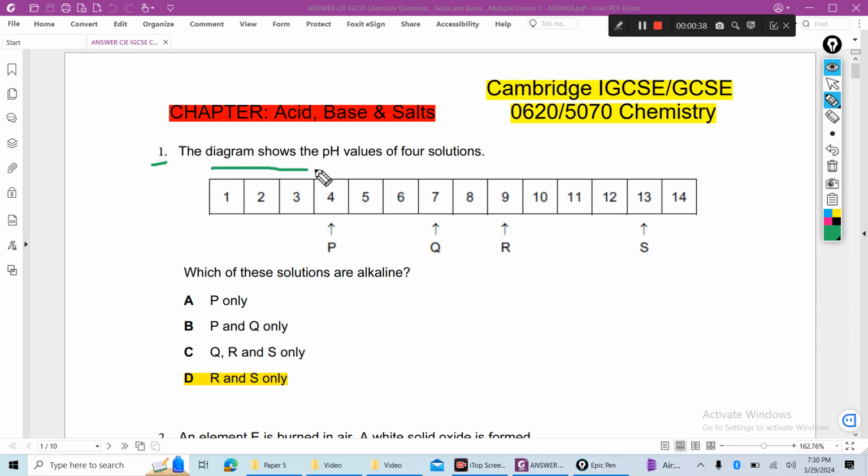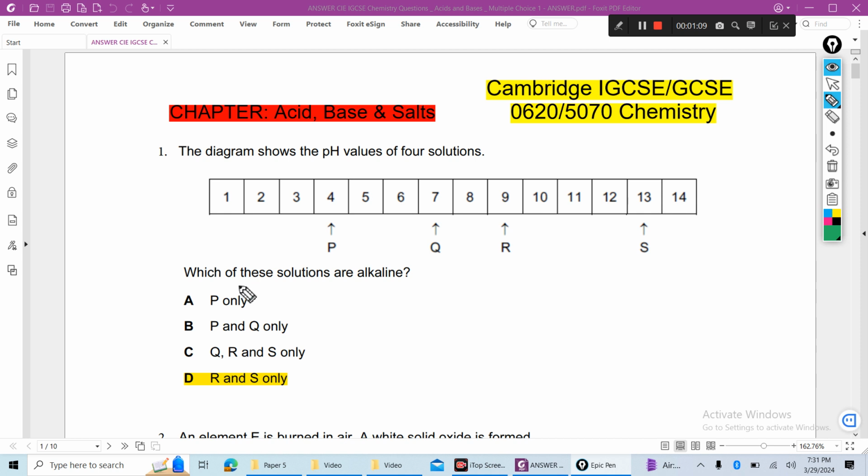The diagram shows the pH values for 4 solutions P, Q, R, S, and the pH value is given 1 to 14. You know the pH scale is 1 to 14, and you also know 7 is neutral, less than 7 pH is acid, more than 7 is alkaline.